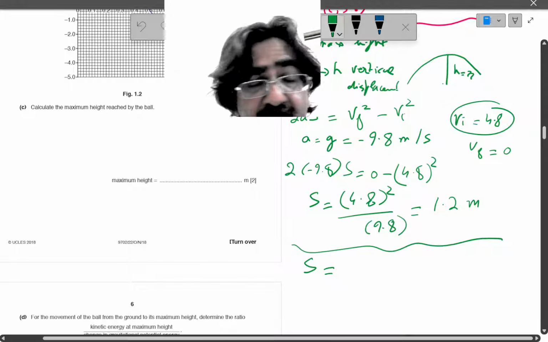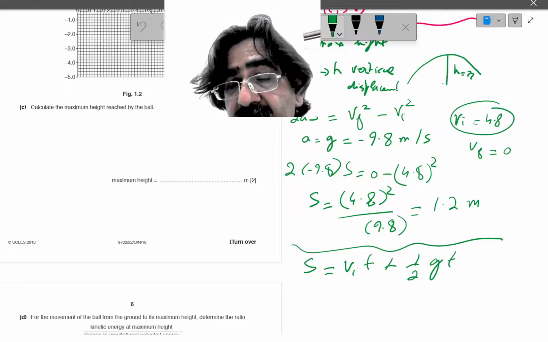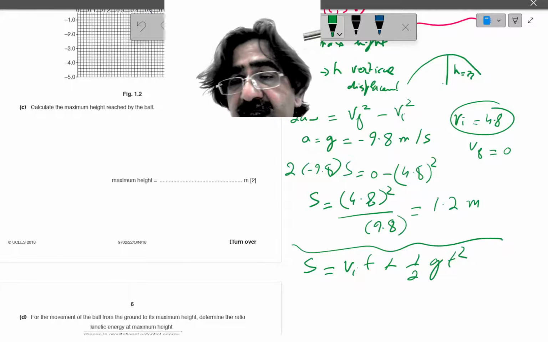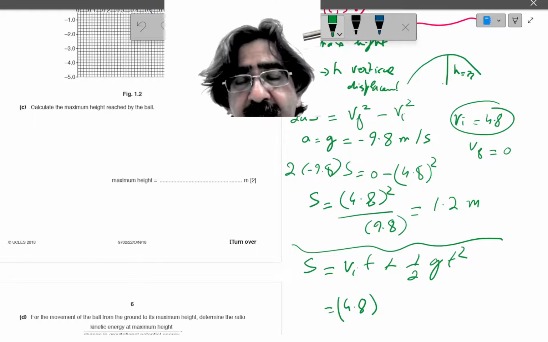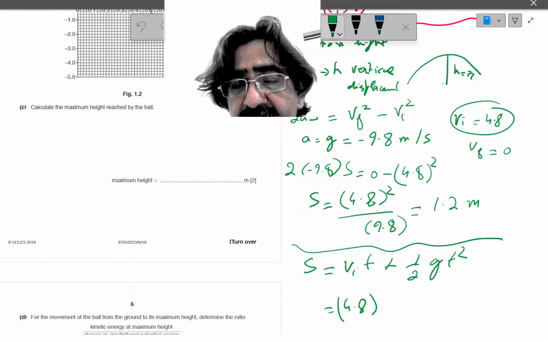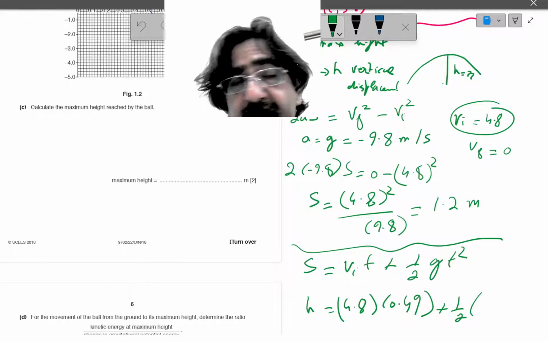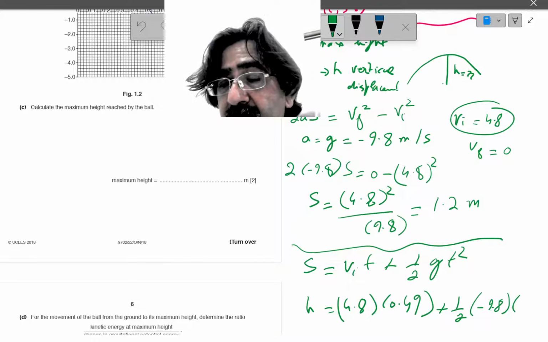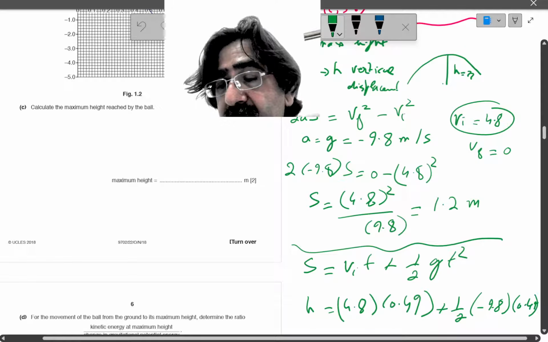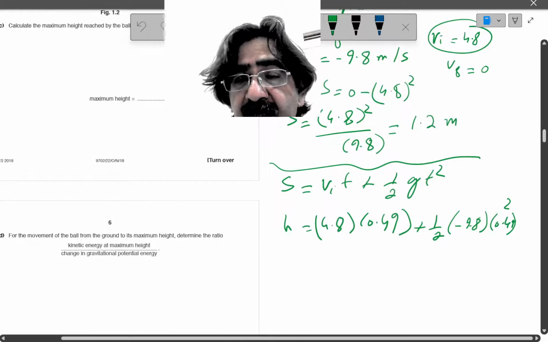For example, you may use s equals vi t plus 1/2 g t square. Here the initial velocity is given, that is 4.8, and the time to reach the maximum height is given, 0.49. So 0.49 plus 1/2 times minus 9.8, and t is again 0.49 square. So you may also use this formula too, and the result will be the same.